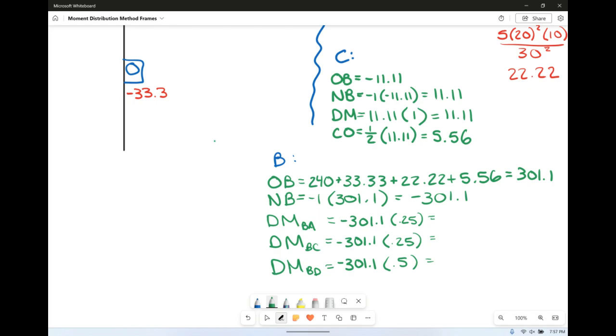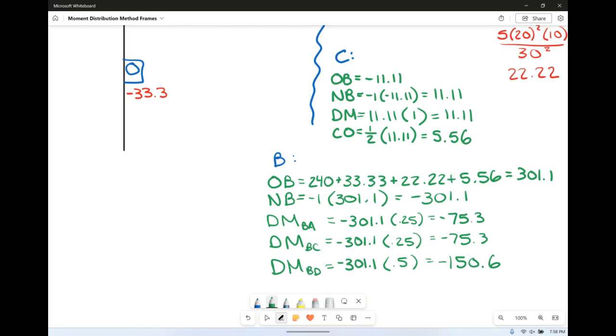And what we're going to find is negative 75.3, negative 75.3 and negative 150.6. This is going to be a little bit rough because this whole thing here does not actually sum up to be 301.1 because we rounded just a little bit.